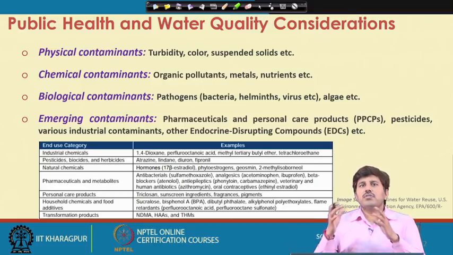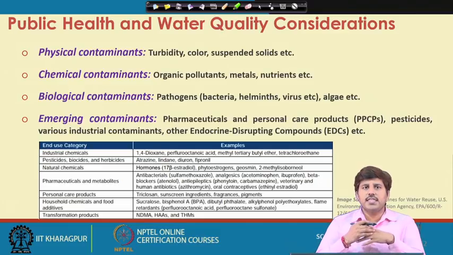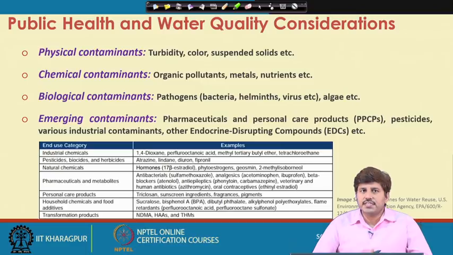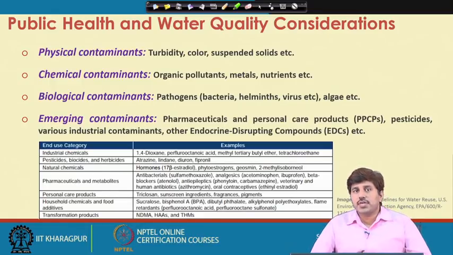If we see the different water quality considerations, there is physical contamination, which could involve turbidity, color, suspended solids, etc. Then there are chemical contaminants in the form of organic pollutants, metals, nutrients, and biological contaminants, which are pathogens and could be algae.